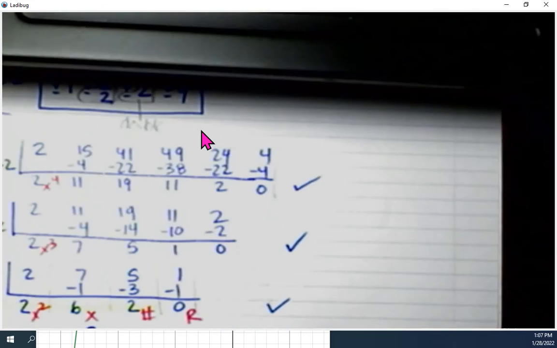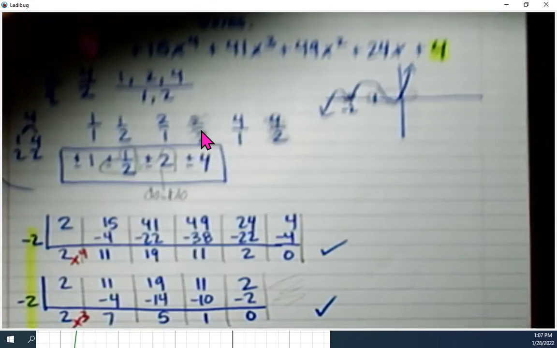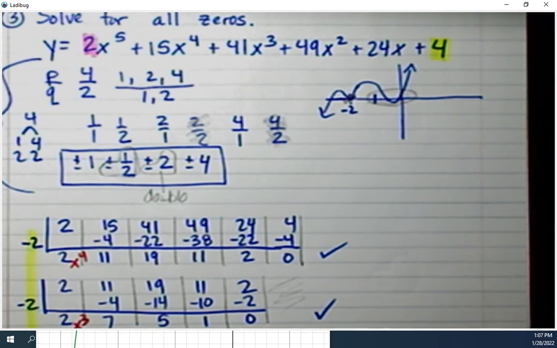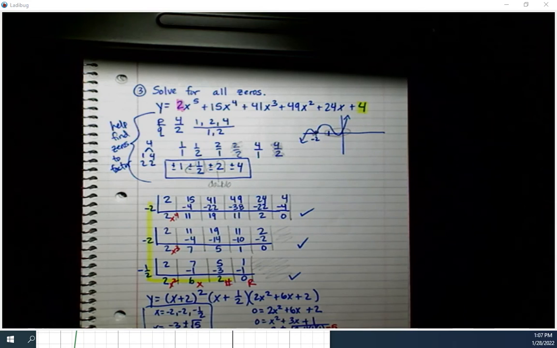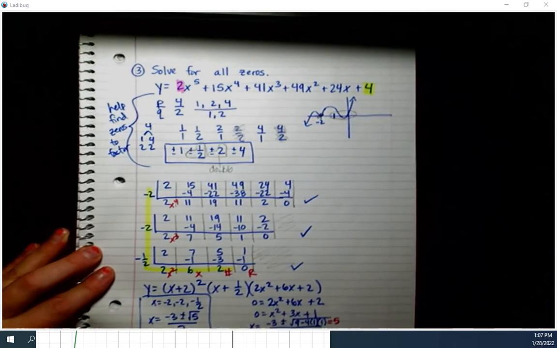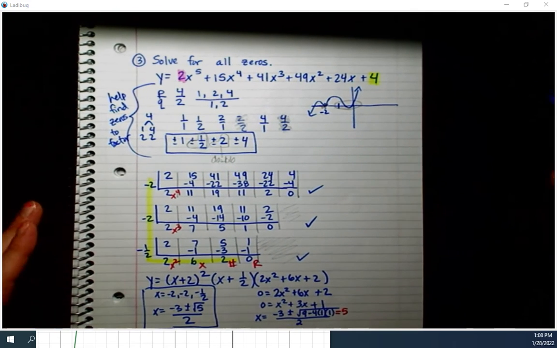Okay, so I'm going to zoom out so we can take a big picture here on what we did. Let's look for the understanding here. I wanted to find all the zeros, so I started to factor.